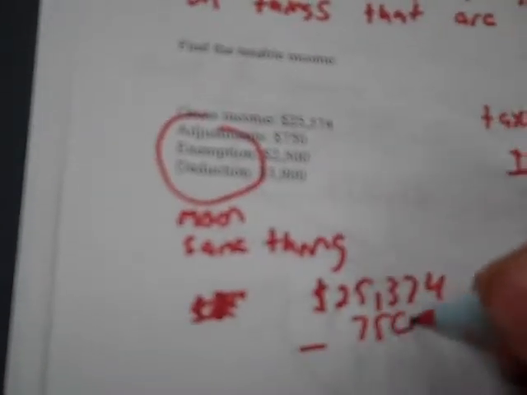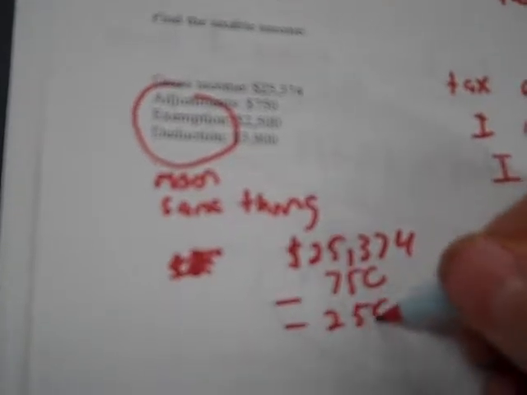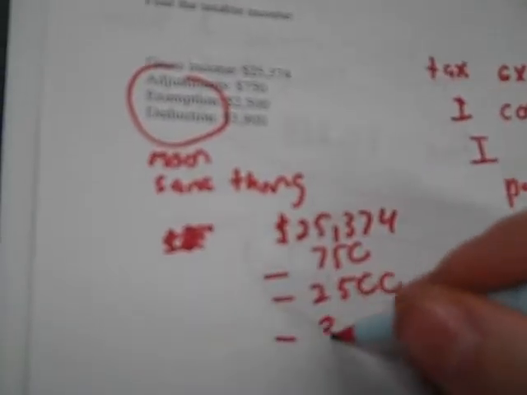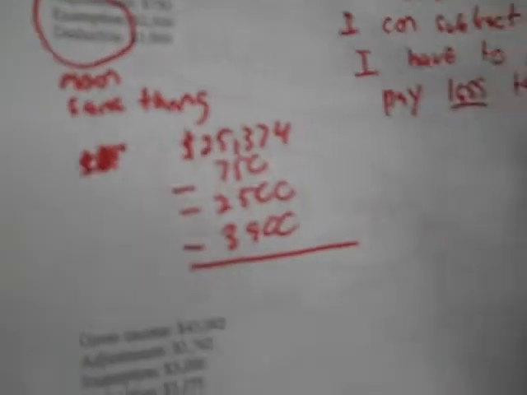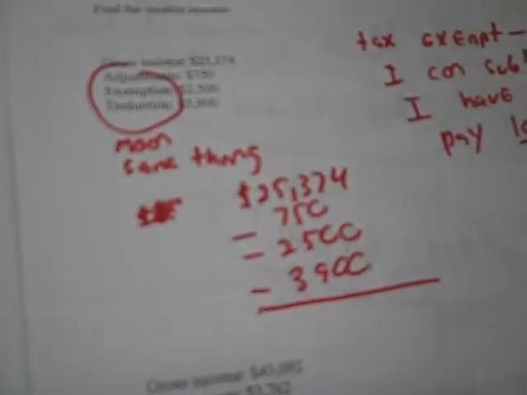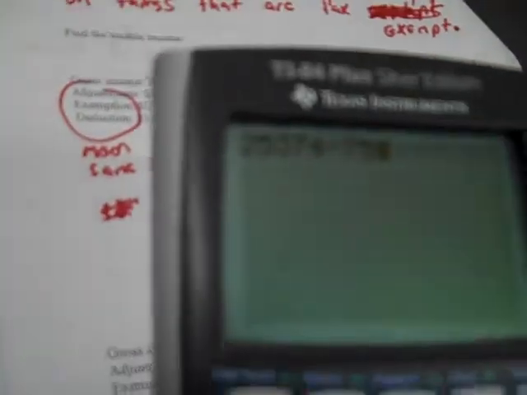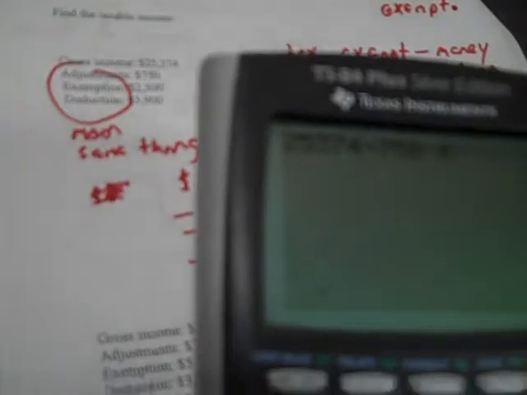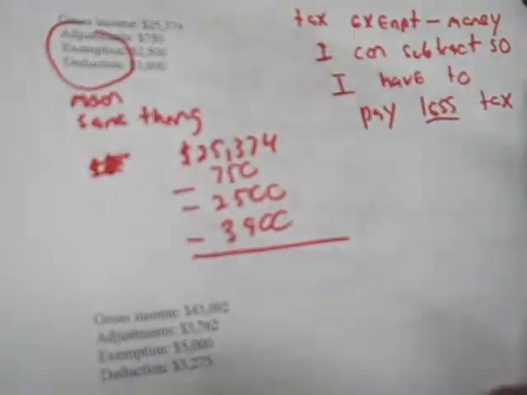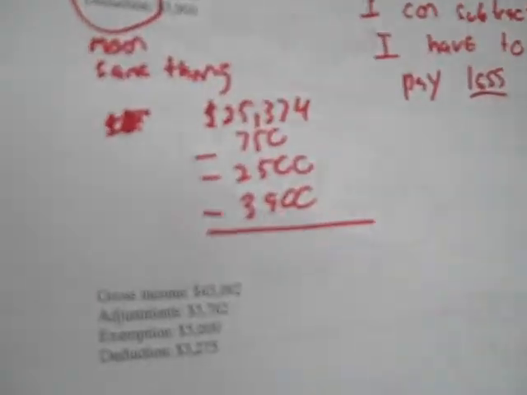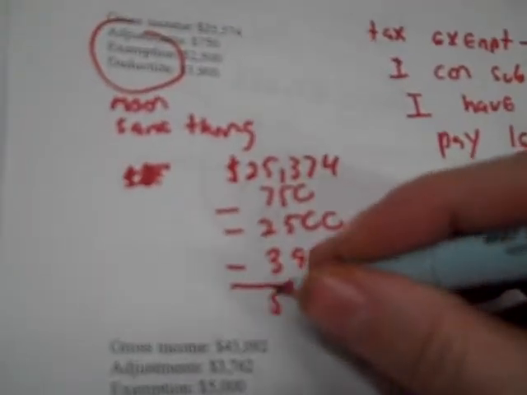So I subtract all of these, 750 minus 2,500 minus 3,900, okay? So I take 25,374 minus 750 minus 2,500 minus 3,900 gives me $18,224, okay?